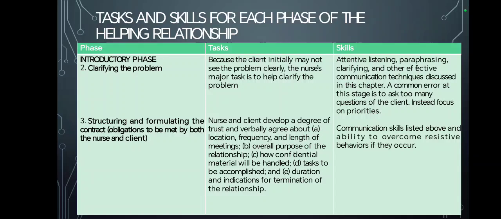So, nurse and client develop a degree of trust and verbally agree about location, frequency, and length of meetings.